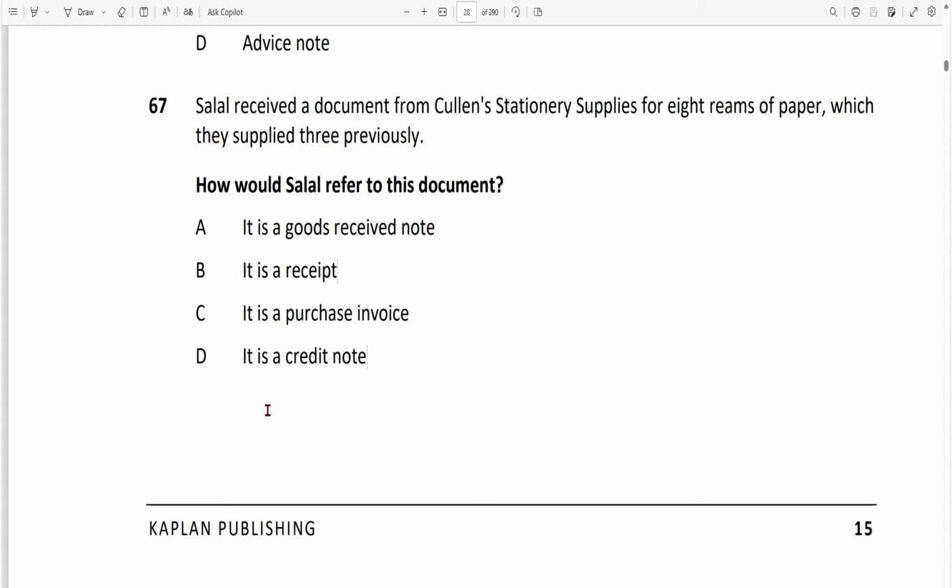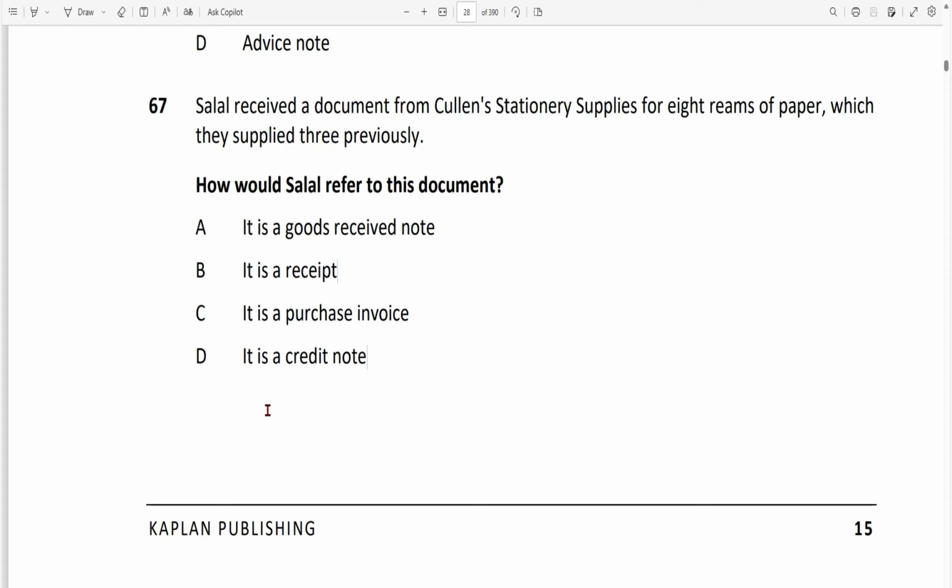Alright, let's move to option D. A credit note is issued when there has been an overcharge or when goods are returned. Basically, it is issued when there has been an overcharge, or when Salal has received defective paper.